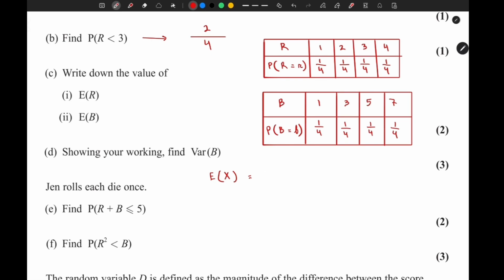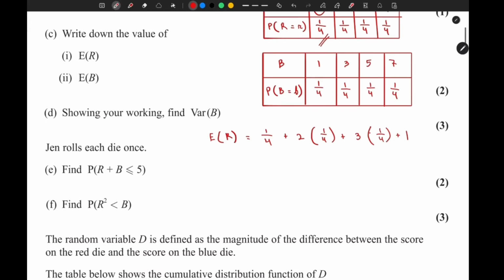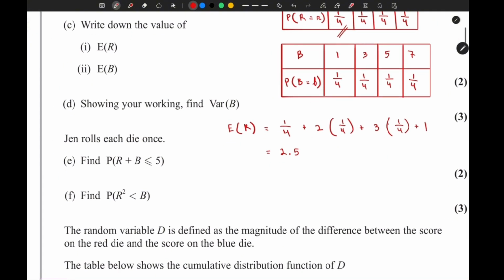So if we apply this formula, this will be 1 times 1 over 4, and 2 times 1 over 4, and 3 times 1 over 4, and 4 times 1 over 4, which is 1. So this will be equal to 2.5. So that's the expected mean of R.